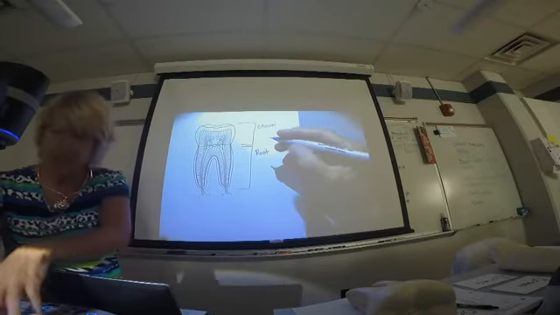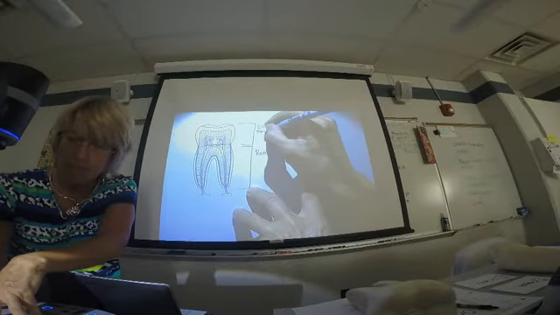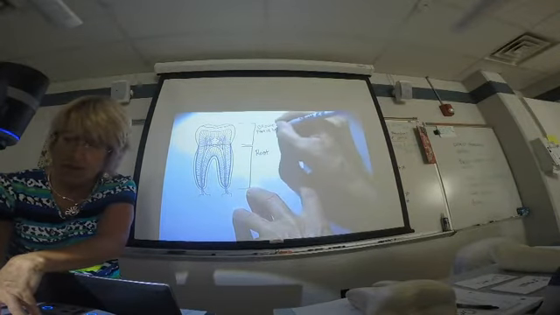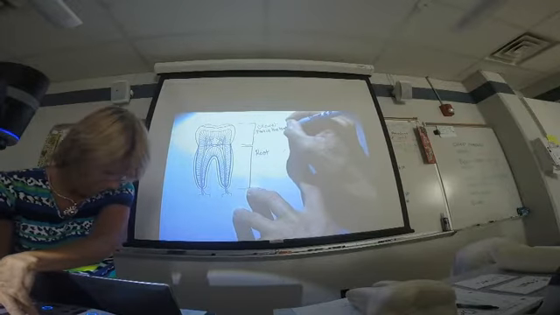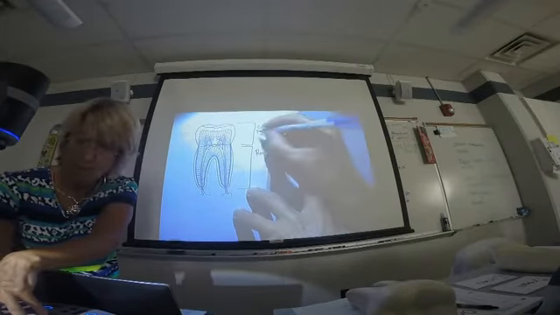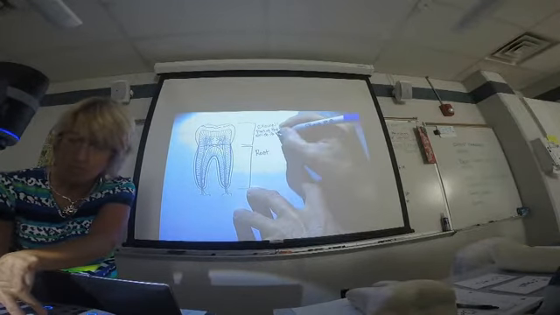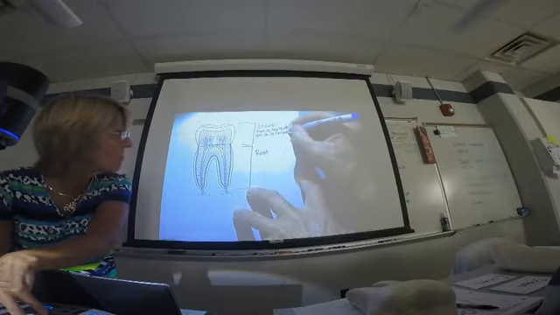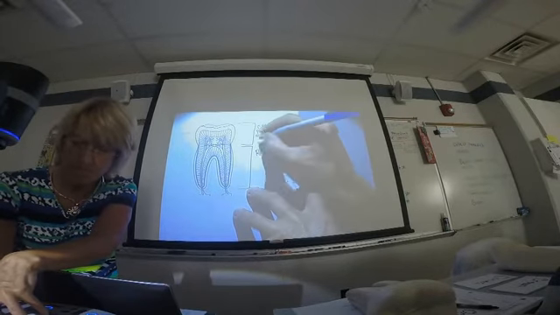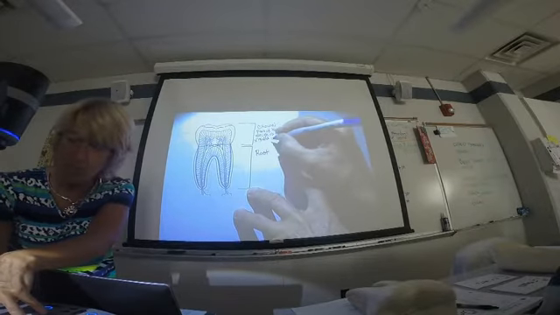It is the part of the tooth which is normally visible in the mouth.